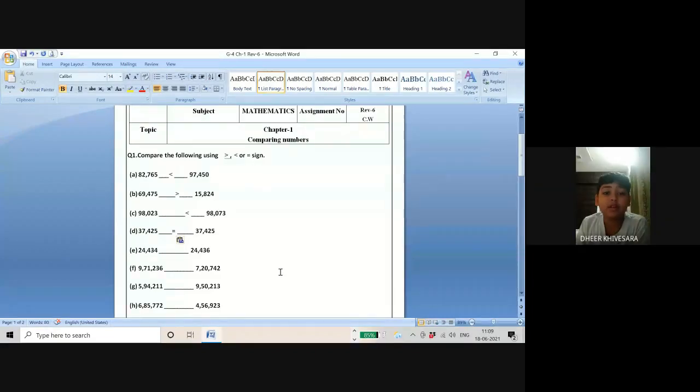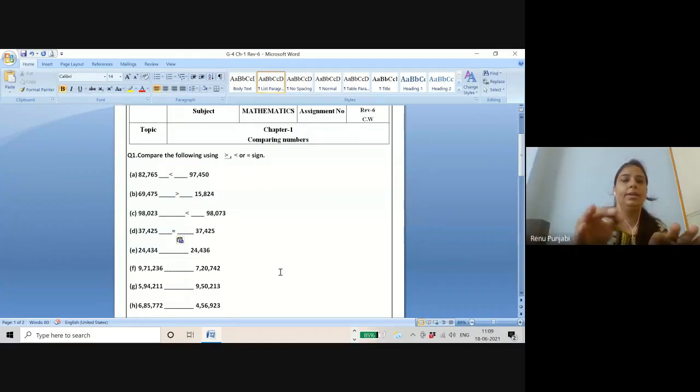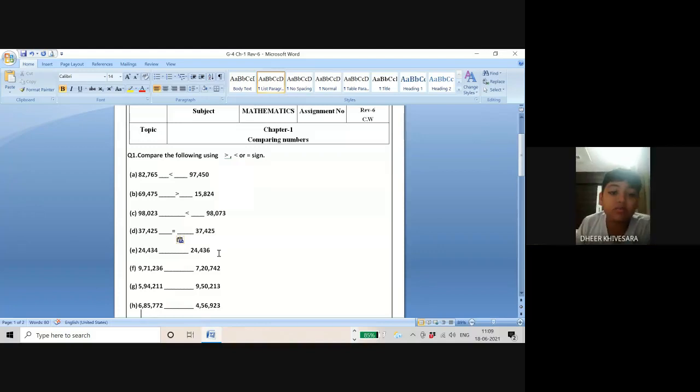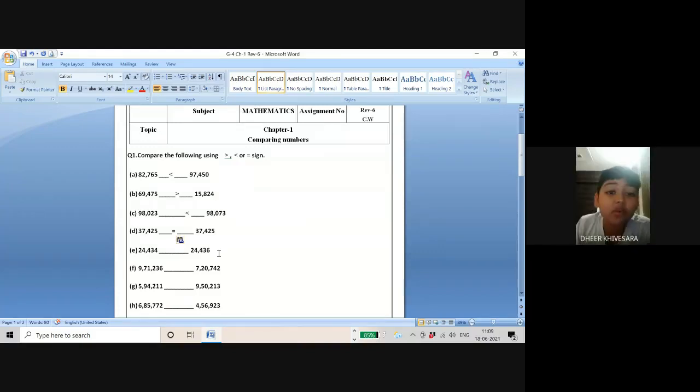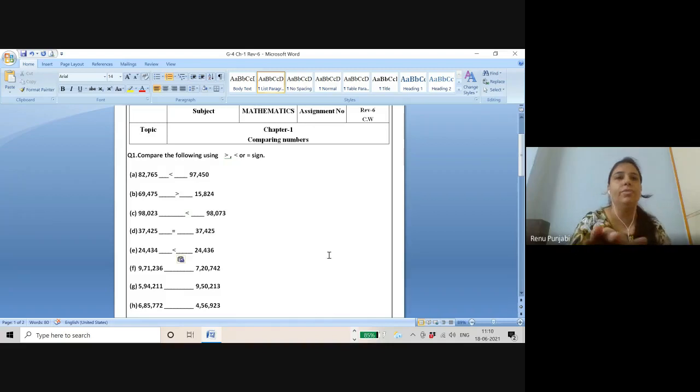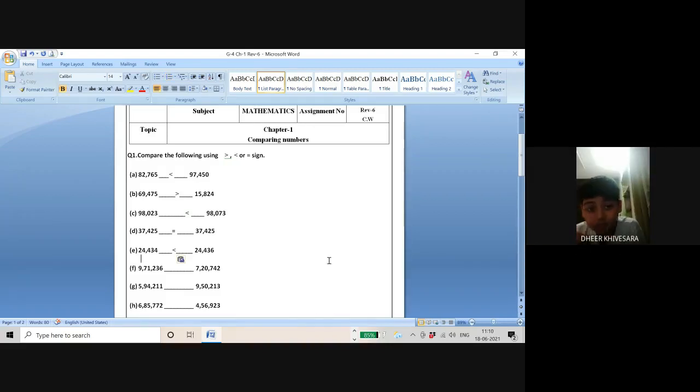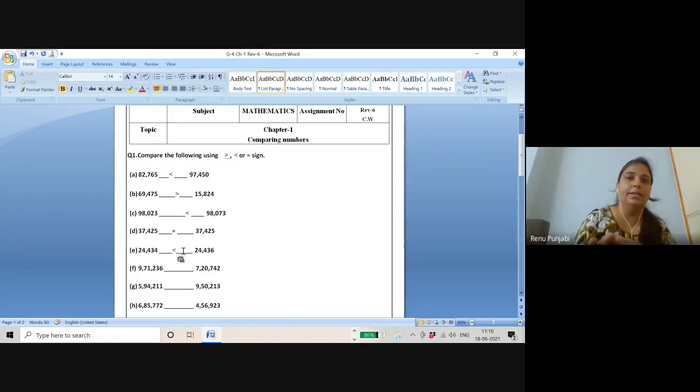Ma'am, the greater one. Can you read the sentence completely? 24,436. If I put this sign here, how will you read these numbers along with the sign?